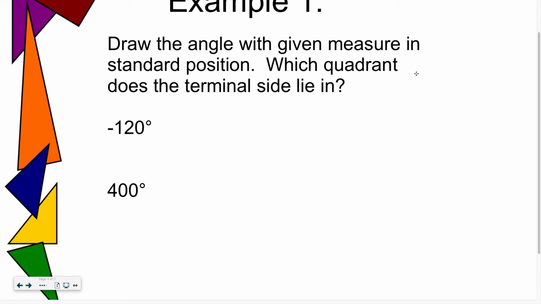Okay, so remember, all of our angles are going to have an initial side on the positive x-axis. You're going to pay attention to whether your angle is positive or negative. Each quadrant is 90 degrees. And see if you can draw the initial and terminal side of your angle. And also remember to show me the direction that your angle opens.